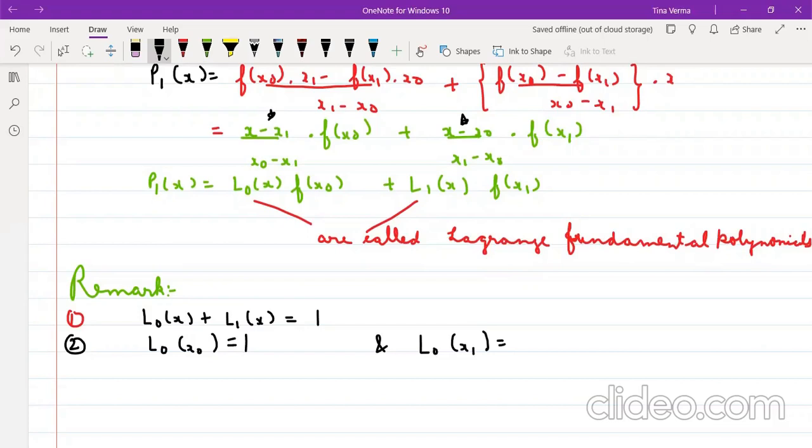When you have L naught, when you put x1 in place of x, you will have x1 minus x1, that will be equal to 0. The same thing you can notice for L1 of x naught. In L1, when you put x naught in place of x, it will give you 0, and when you substitute x1 in place of x, it will give you 1.